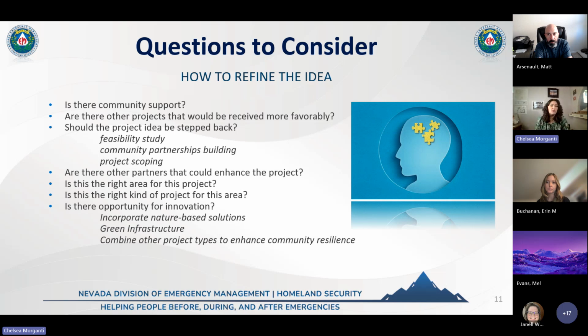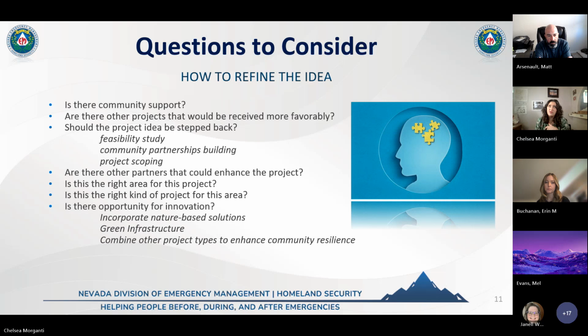If you have a consideration for what you might want to do, like a particular road that goes down or a bridge that goes down, maybe you as an entity are losing money in one place, but the community residents in another area are having that same problem, and that's the project that they'd like to focus on because that's the main pathway to get them from point A to B, and that's the project that they would really prefer.